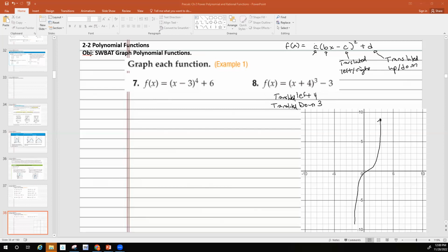So you can actually just move this. And sometimes for placement tests, they do want you to do that.